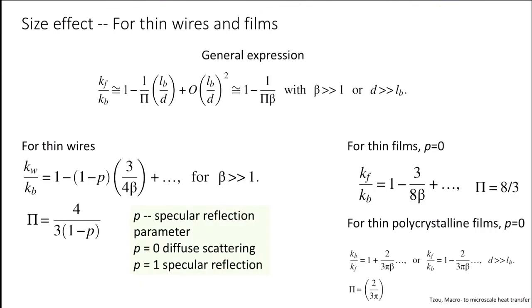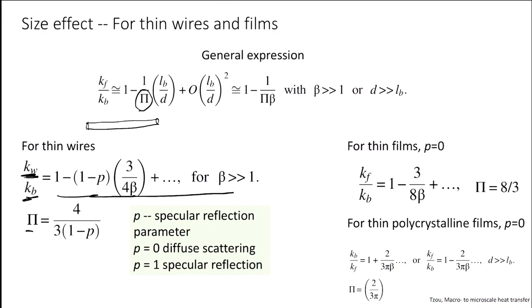Okay. So how to determine now this function pi? This pi depends actually on the geometry. So if we have thin wires, of course these cylindrical things, thin wires divided by bulk value, it is given by this factor. These are all expressions derived from phenomenological modeling.